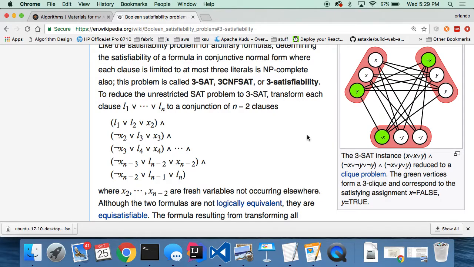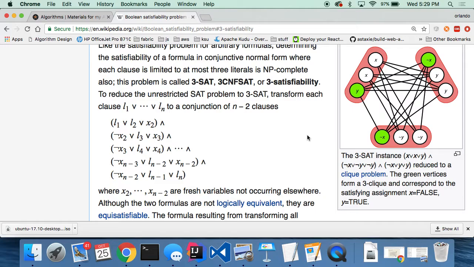There it is. To reduce the unrestricted SAT problem to 3-SAT, transform each clause to a conjunction of n-2 clauses where I have L1, L2, and so on. Basically, I'm joining them with this x2 variable.